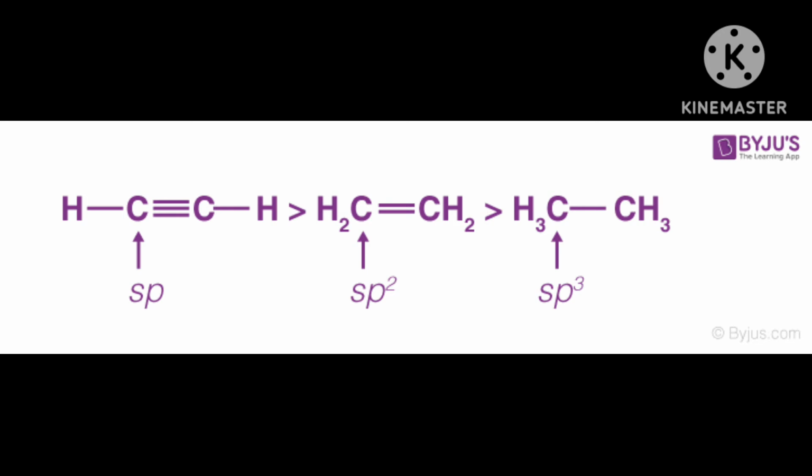If a bond breaks, nitrogen will take the electron, so carbon will be positive and nitrogen, the electronegative atom, will be negative. Here again carbon will be the electrophilic center, because carbon lacks electrons.